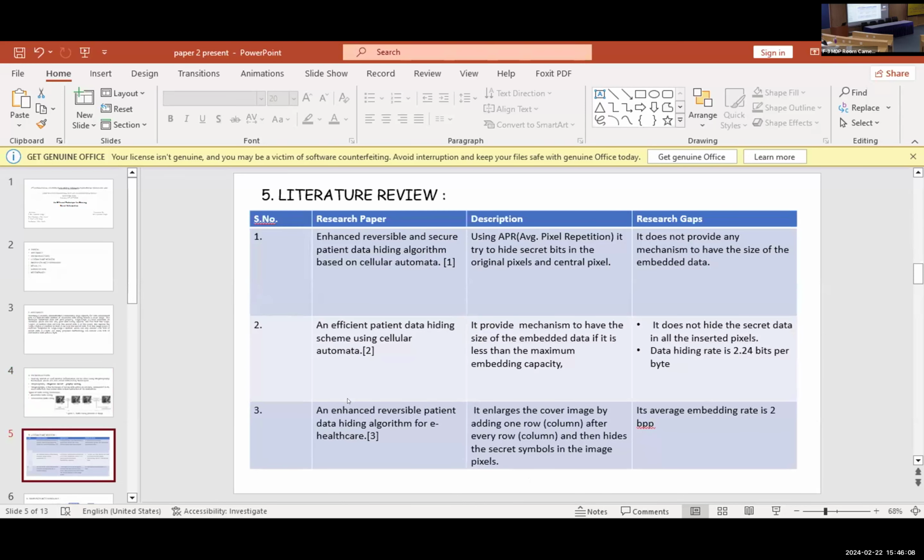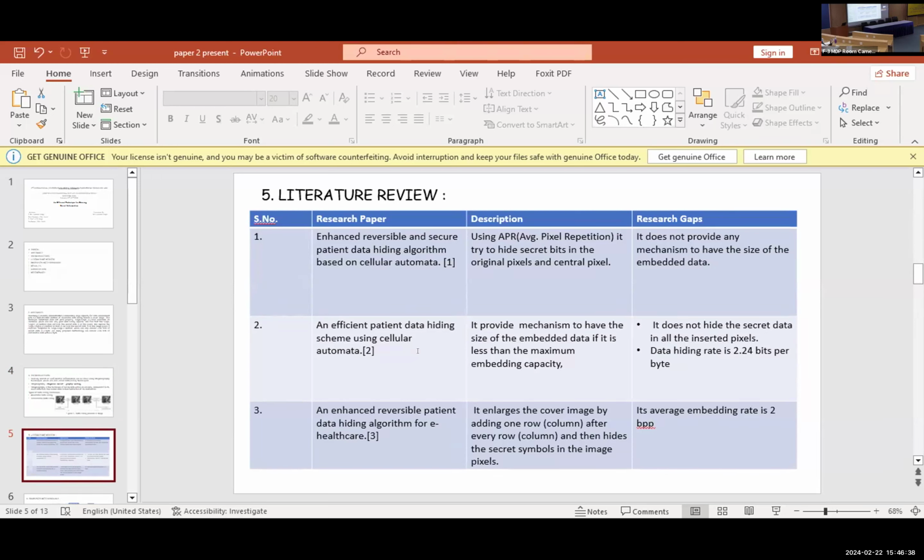I have read a lot of papers during my research, and here I have included the major base papers that I have used. The first paper is Enhanced Reversible and Secure Patient Data Hiding Algorithm based on Cellular Automata. Using average pixel repetition, it tried to hide secret bits in the original pixels and center pixels. The major research gap in this paper is that it does not provide any mechanism to halve the size of the embedded data.